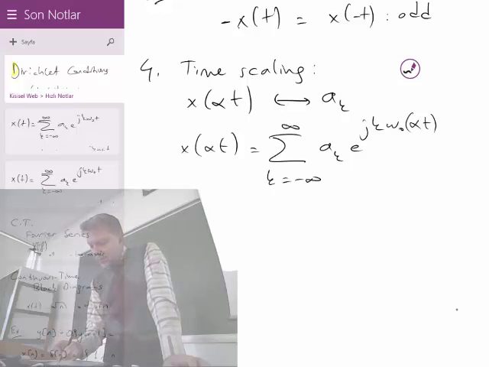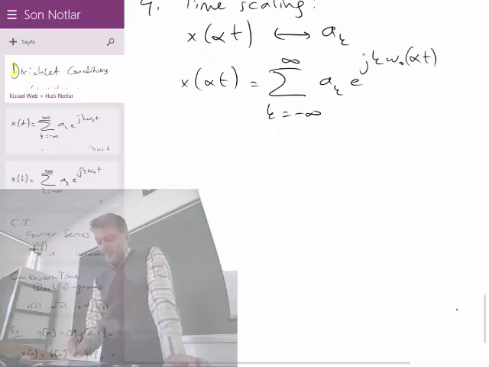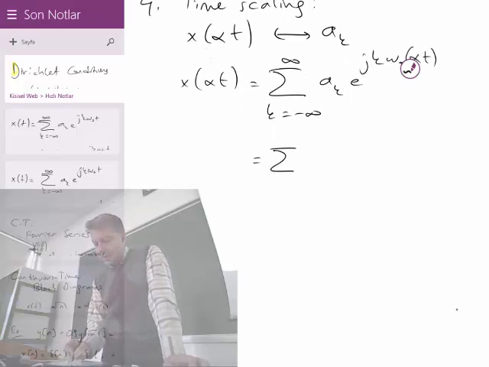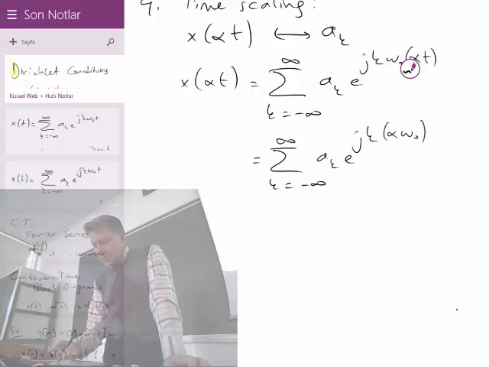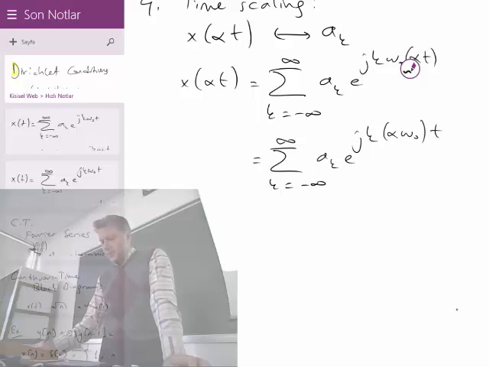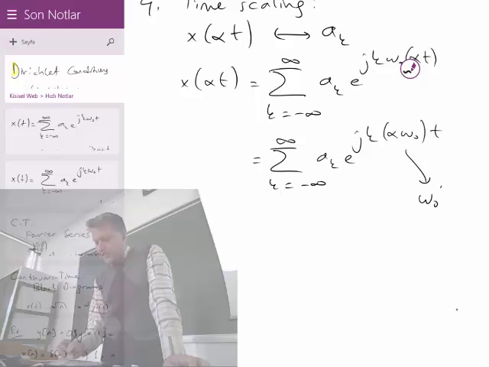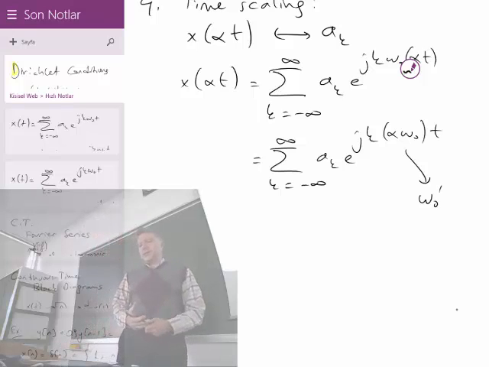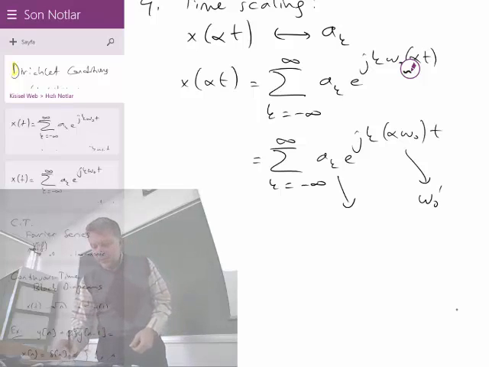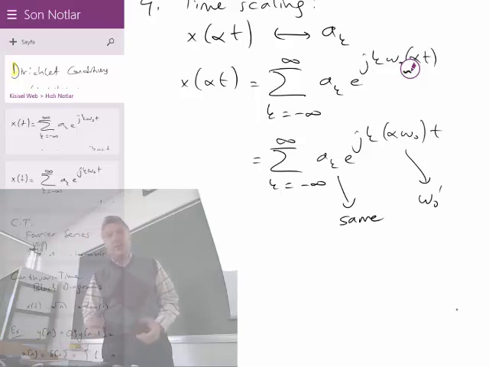And this alpha can be multiplied by omega 0 only. So it will be the sum of ak e to the j k alpha omega 0 times t. I'm multiplying alpha with omega 0 first, and this will be our new fundamental frequency, omega 0 prime, let's say. But these are the same Fourier series coefficients.